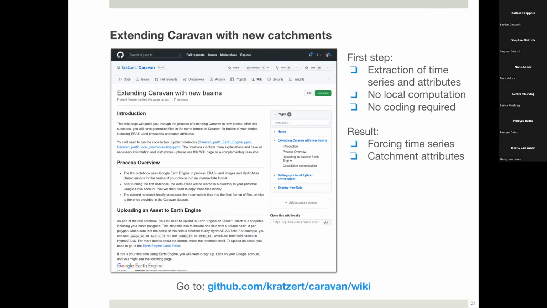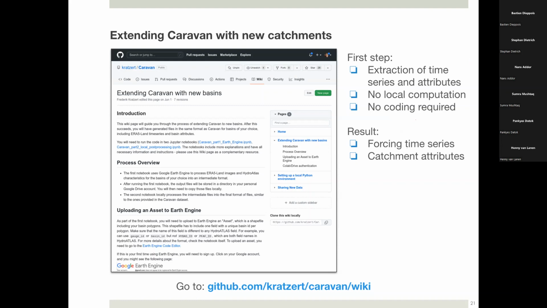So we created a wiki, and there are three main steps that you can follow if you want to extend Caravan with new catchments. The first step is the extraction of time series and attributes. What it takes is a shapefile of the catchment boundaries that you can upload to Earth Engine.